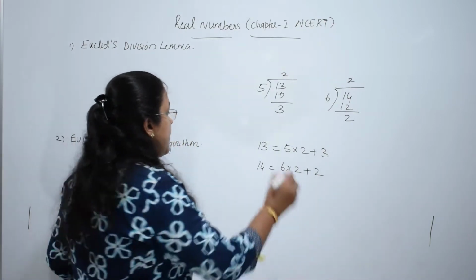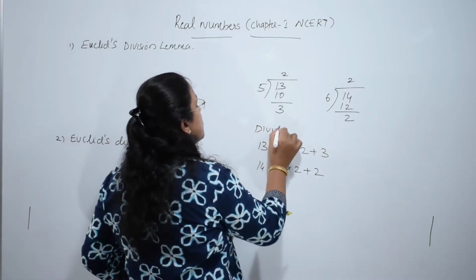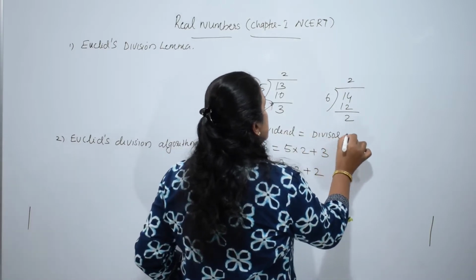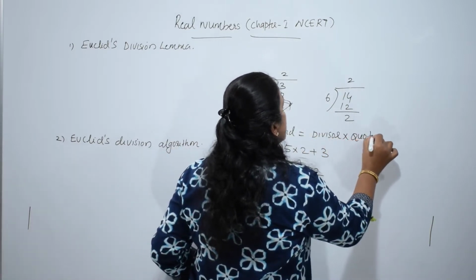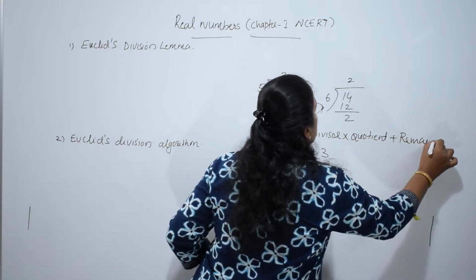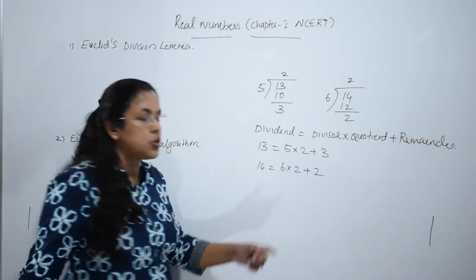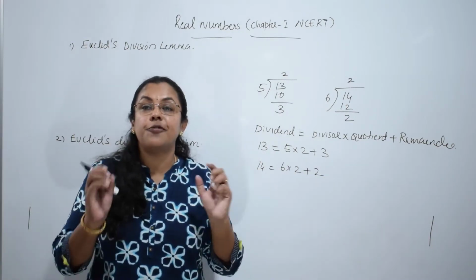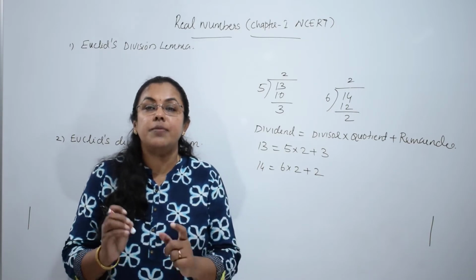We know dividend is equal to divisor into quotient plus remainder. If we write it in the form of a statement, what can we write?